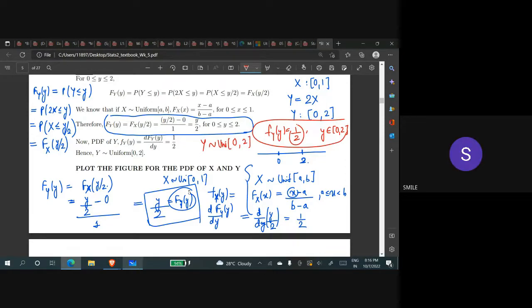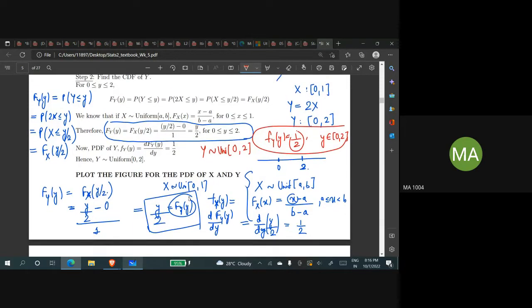Ma'am, I got this approach. But suppose y takes some value, y is taking value equal to 2x, right? So for every value that y takes, there is a specific value of x, right? But the probability will remain same. Only the value has changed. Suppose x is taking some specific value, like 5, and y takes double of that. When x takes value 5, y will become 10.